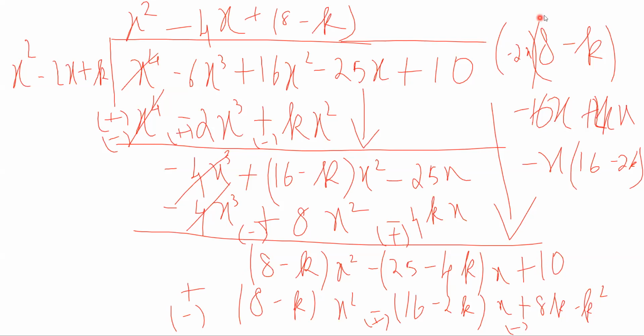So while solving, this will get cancelled. Okay, and minus of 25 minus 4k and plus of 16 minus 2k. Right. So minus 25 plus 16 you need to do. So that is what solving will take place. Try solving by keeping a notebook with you.